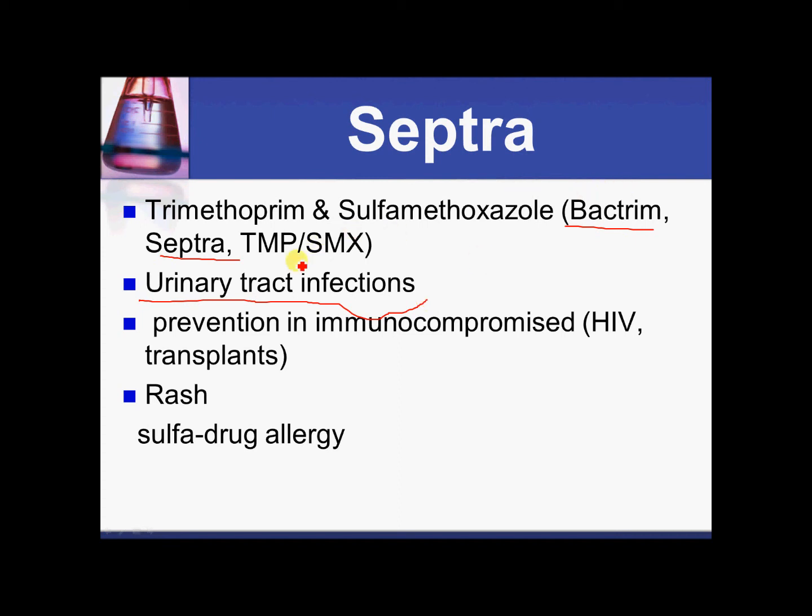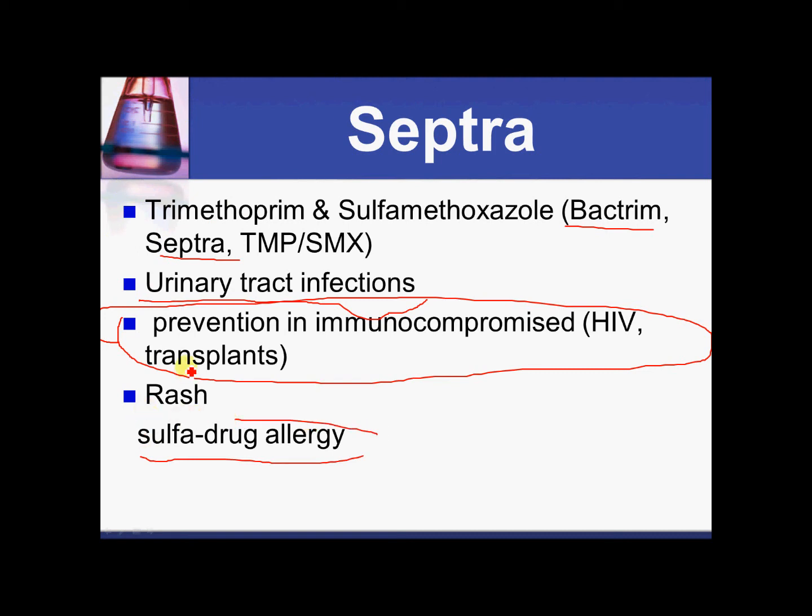Also, you'll see it used quite a bit for patients who have compromised immune systems. The most important thing with Bactrim and Septra is there is a sulfa allergy associated with this. So if the patient is allergic to sulfa, they should avoid taking Bactrim or Septra. This is a very important point I want to stress there.